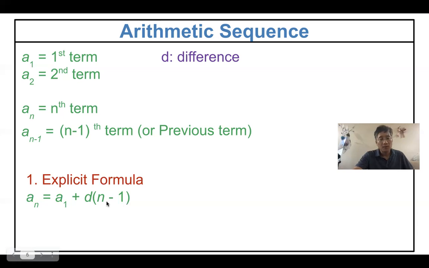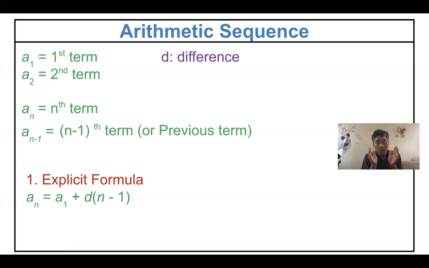Think about it. Each time you add d to get the next term. So if you find the A5 term, from the first term, how many times did you add the difference d? Four times you added d plus d plus d plus d. That's the fifth term. Does it make sense?